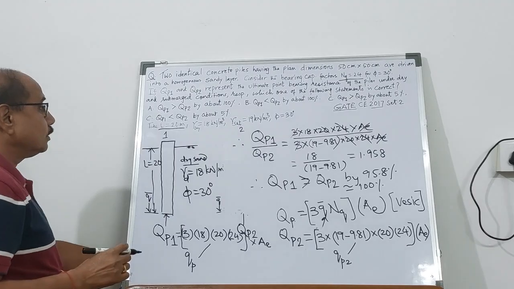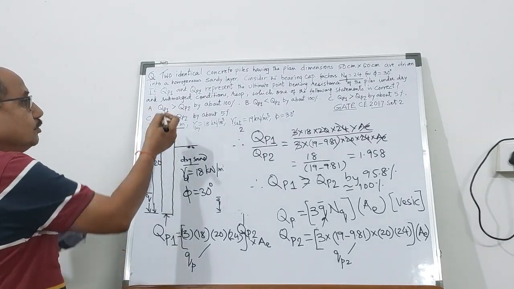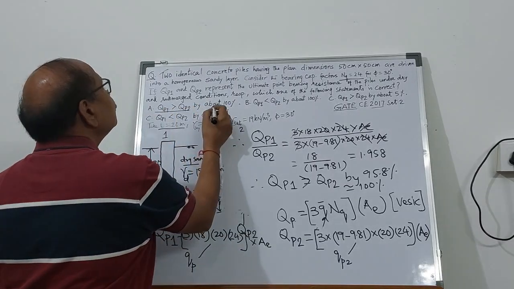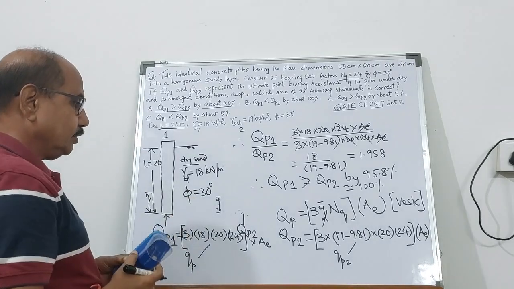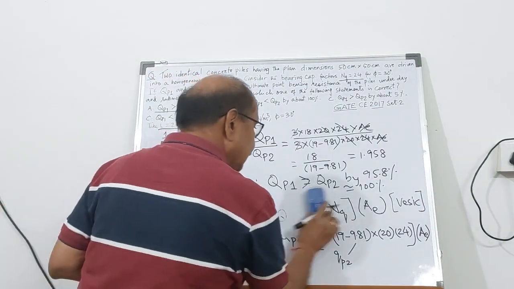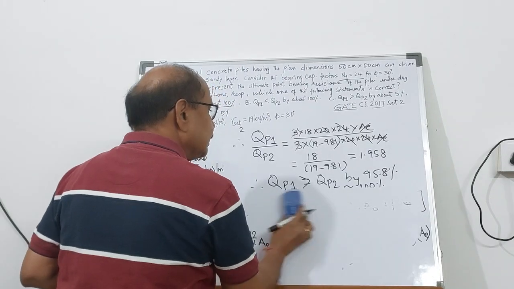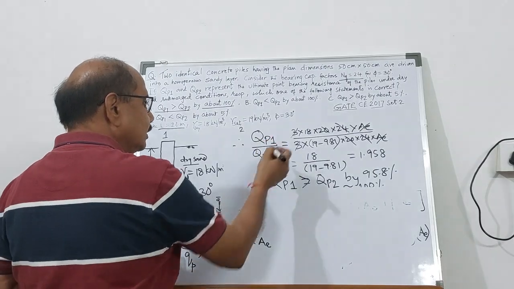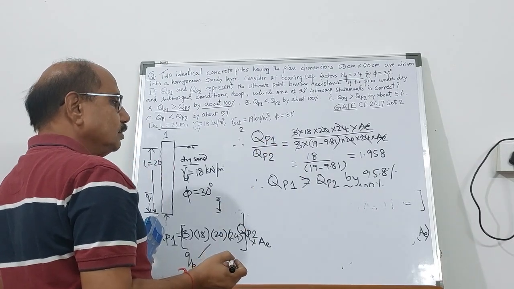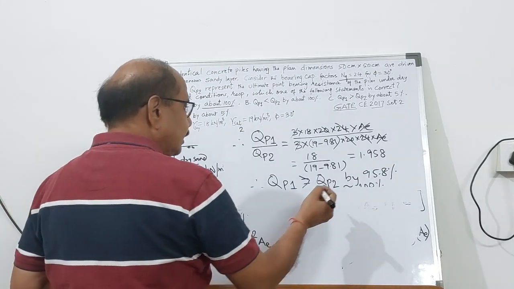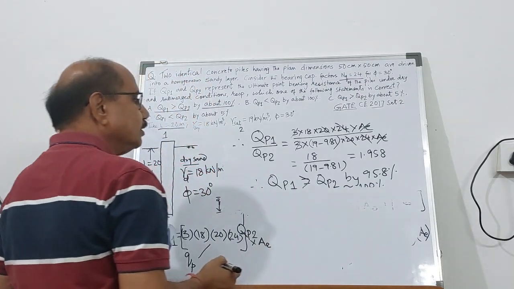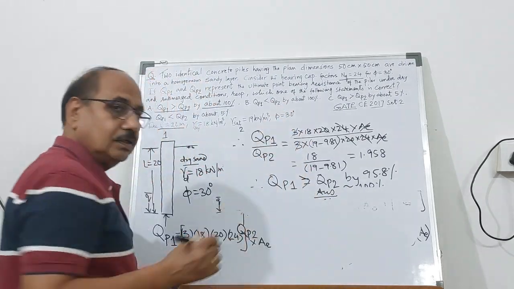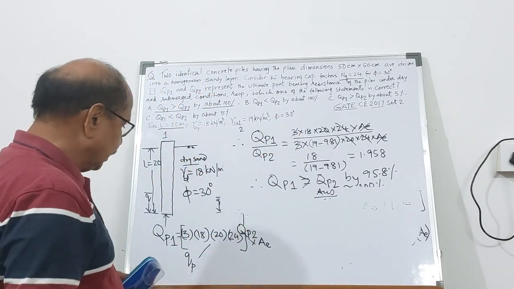So if you see the options, the correct statement will be QP1 is greater than QP2 by about 100%. So in a simple manner, you can just calculate it and find out that QP1 is greater than QP2 by almost 100%. So this is the answer. Thank you. This is what we wanted to do in this problem.